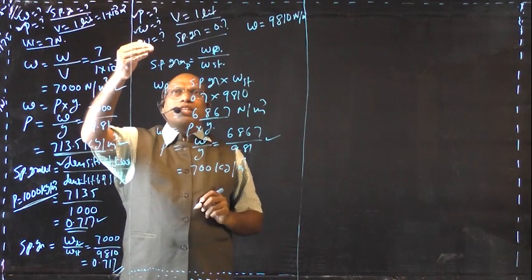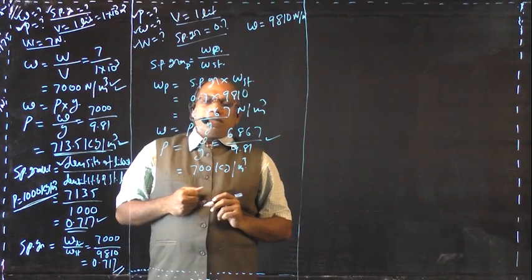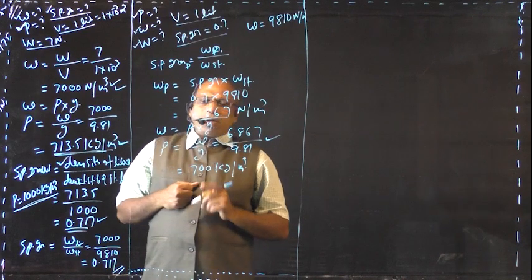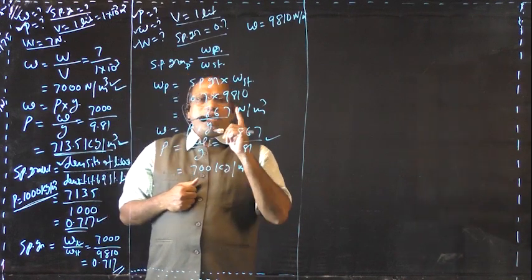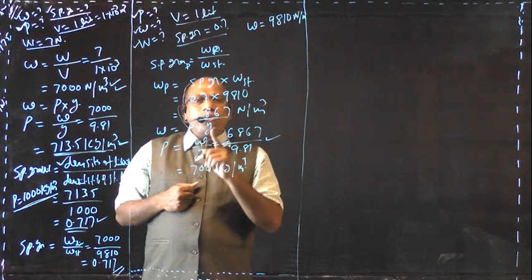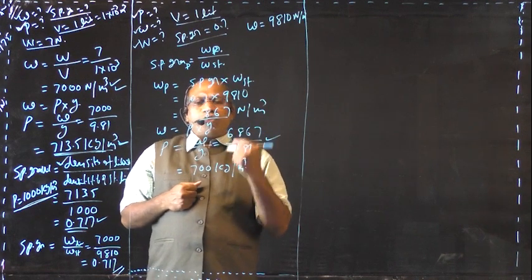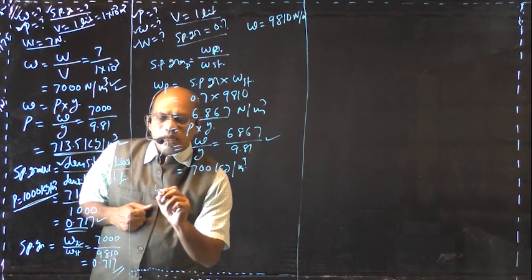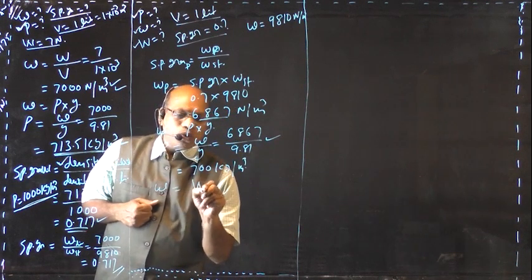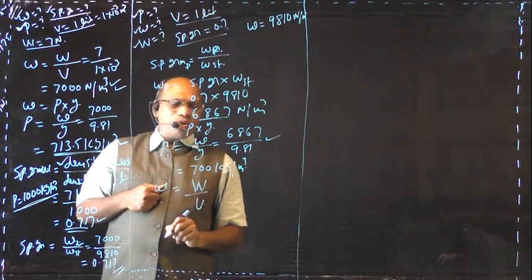Now we are going to determine the weight. We have one equation with respect to weight: unit weight equals weight divided by volume.